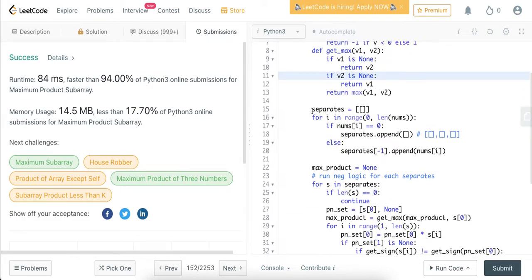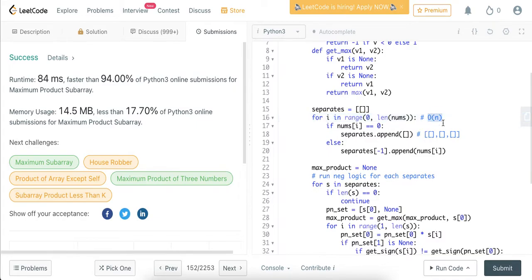And then this is where it starts. This is definitely looping through each of the nums. So this is a big O(n), and then let's see the inside of it. This is just a comparison and append, so it's just one.